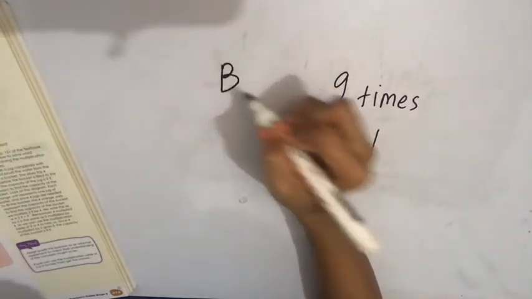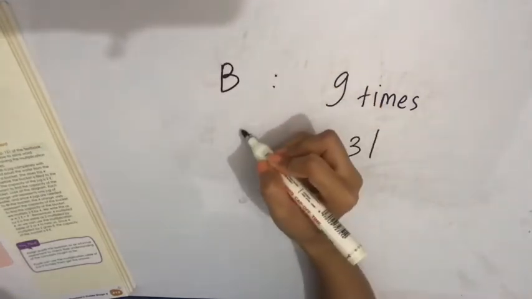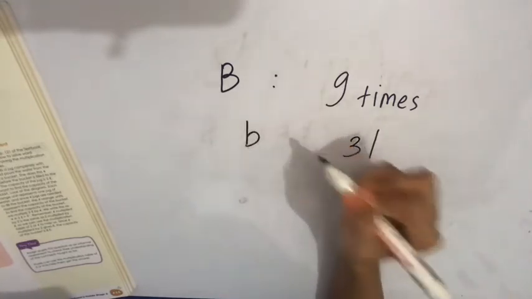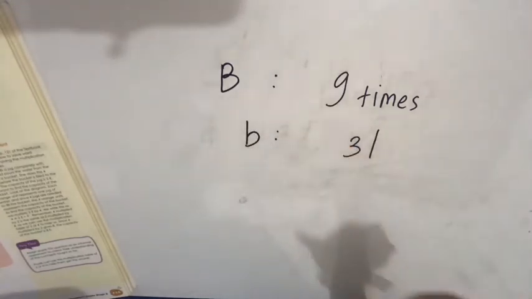If the capacity of the bottle is 3 liters, find the capacity of the barrel. If you are comparing, this is capital B for barrel and lowercase b for bottle.